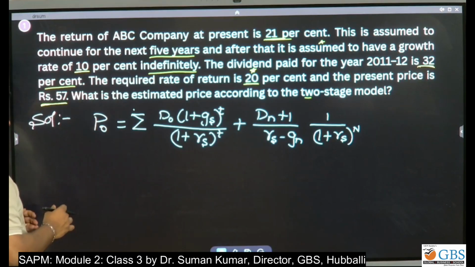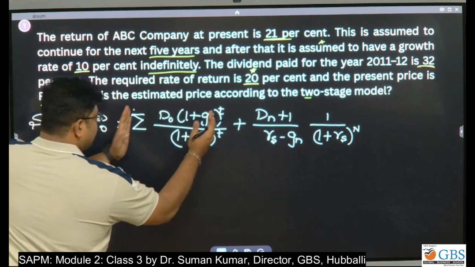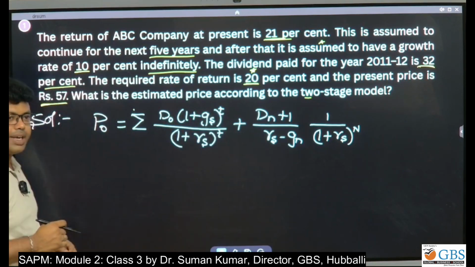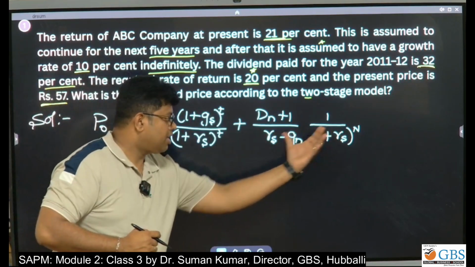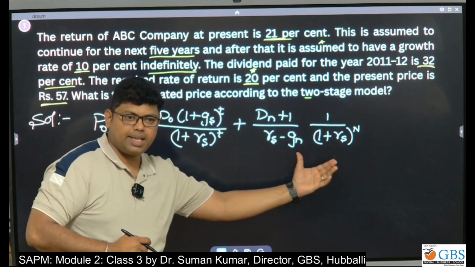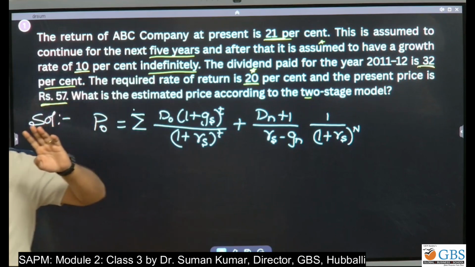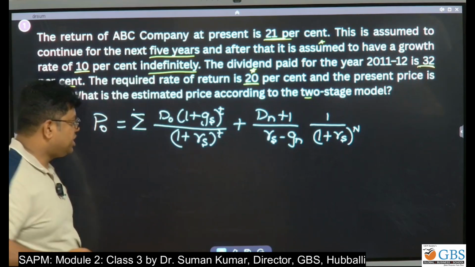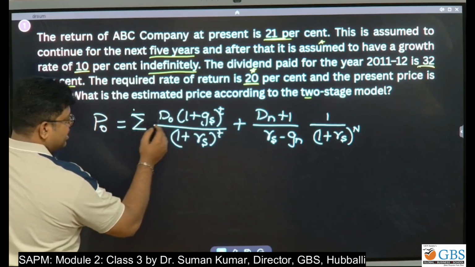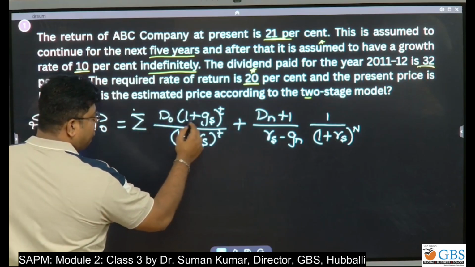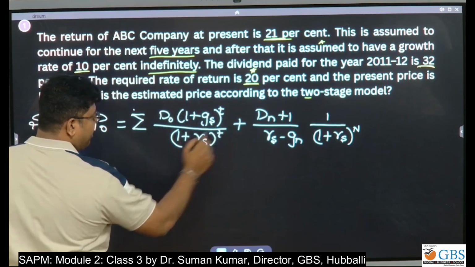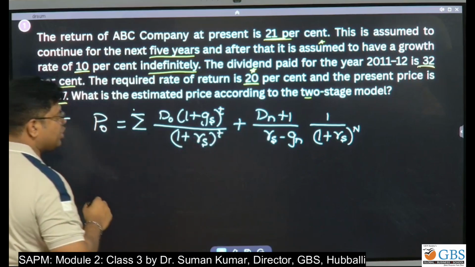First, we can find out this part. Then we can find out this whole part. Then we can add the two answers. Is it okay? So the first step, we shall take up summation D naught (1 plus gs) raised to t, whole divided by (1 plus r) raised to t.